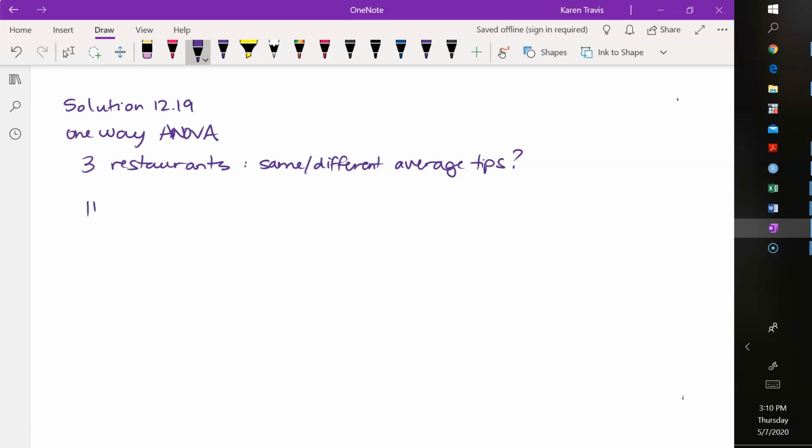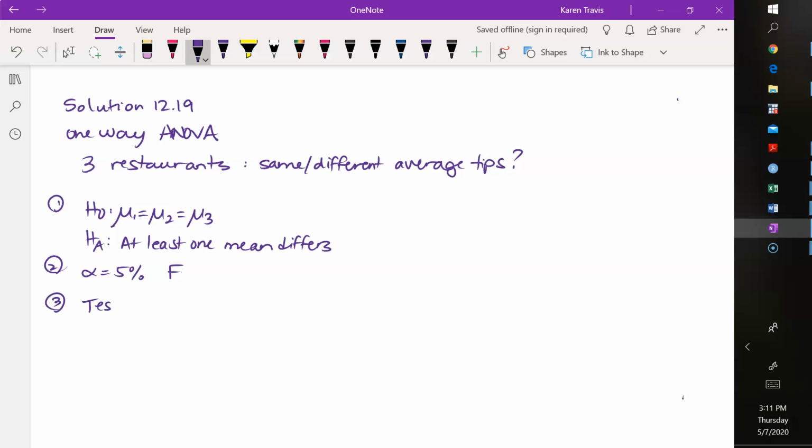So in the problem, since we have 3 restaurants, we'll have 3 means that we check if the 3 means are equal, or at least one mean differs. And the level of significance we'll use is 5% because we'll be using the F table.